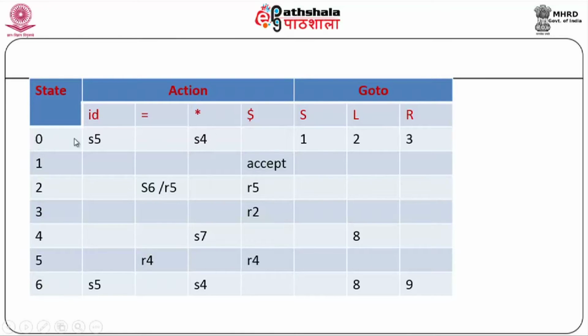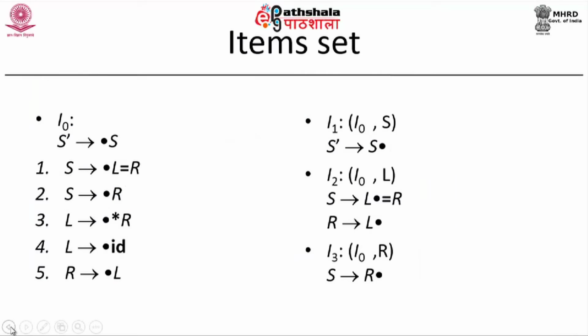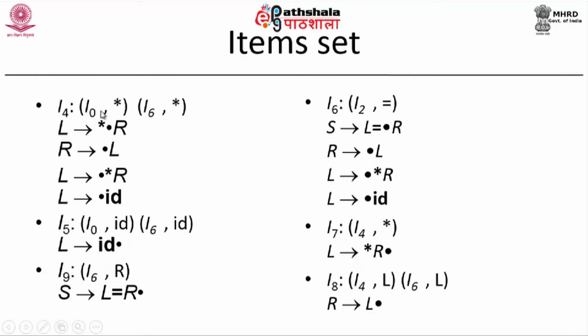I0 comma S is 1, I0 comma L is 2, I0 comma R is 3. So, these 5 entries in the first row correspond to the item number referring to I0. I0 comma star is I4, which is also I6 comma star, we will come back to that. I0 comma ID is 5, I6 comma ID is also I5.